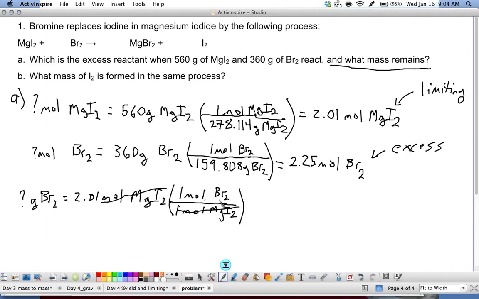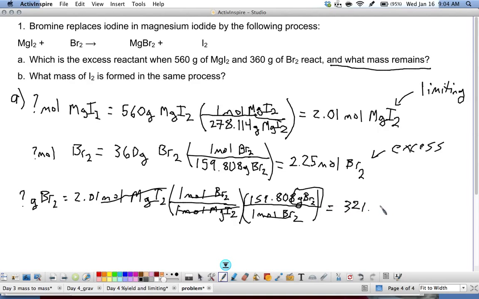Okay, and I in fact want grams, so I need to convert moles to grams using molar mass. 159.808 grams Br2 and 1 mole Br2. The moles Br2 go away, and I'm left with grams of Br2, which is what I'm looking for.